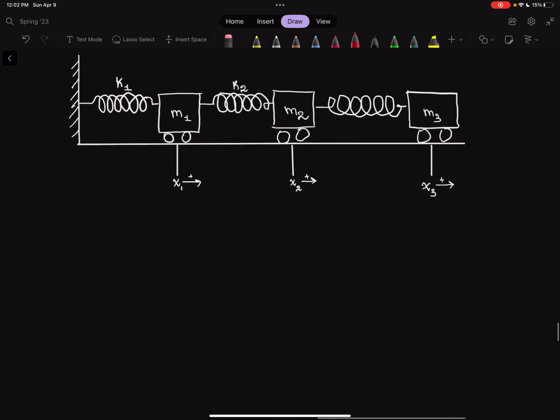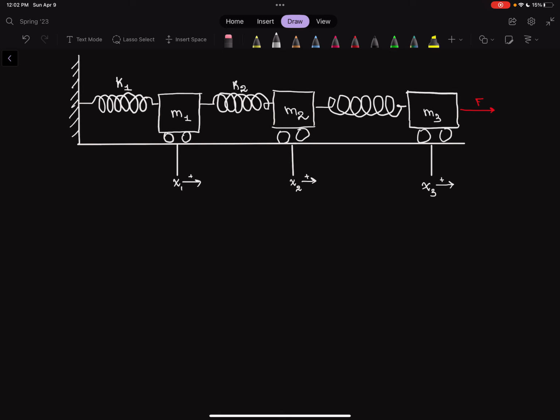Now, I'm going to pretend that there's a force here that's pulling this whole system this way. How would I model the position with respect to time of each mass?